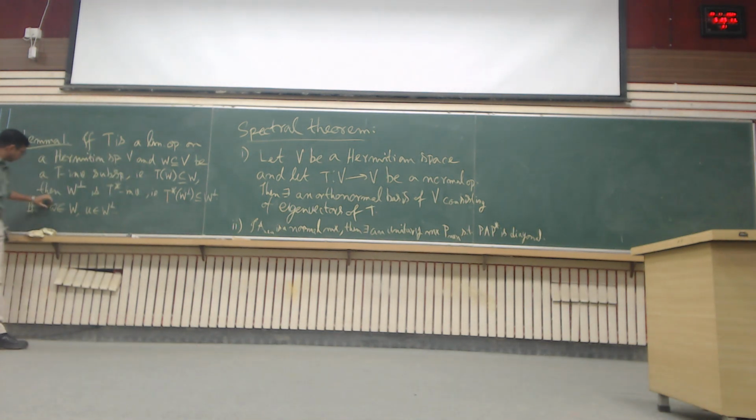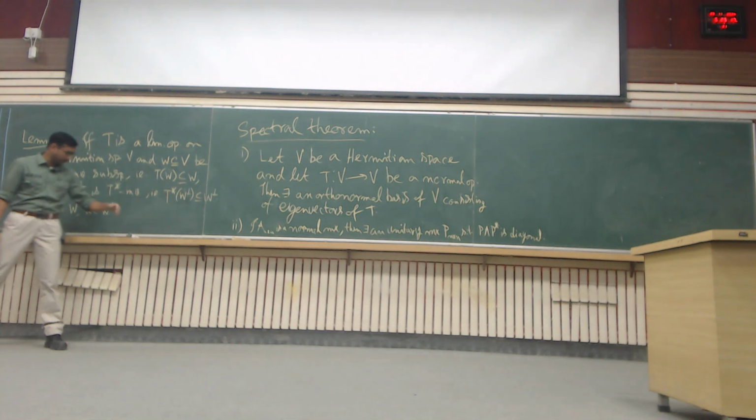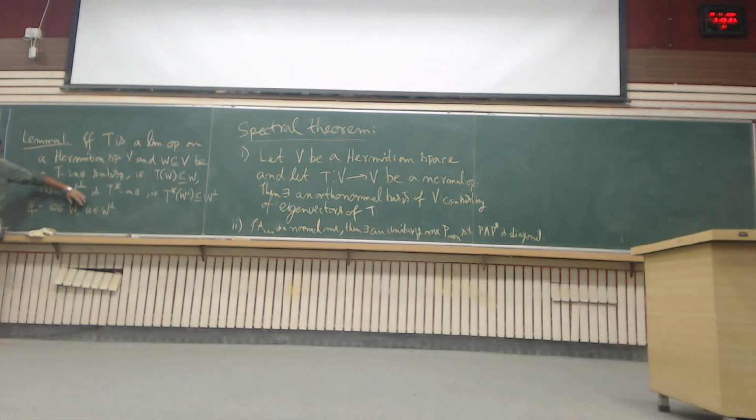The T of this will again be inside W. And we are trying to show that T star W bar is a subset of W bar. That will mean T star u belongs here. So how could we show that? If we take T star u and take the product of that with w, if that is equal to 0, then we can immediately conclude that T star of u is in W bar.